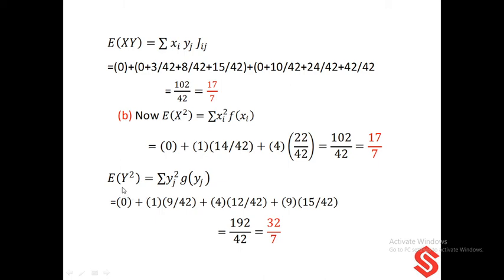Similarly, we will get E of y square, it is summation of yj square into g of yj, y1 square into g of y1 plus y2 square into g of y2 plus y3 square into g of y3 plus y4 square into g of y4. So substitute the values, we get 192 by 42, that is 32 by 7.